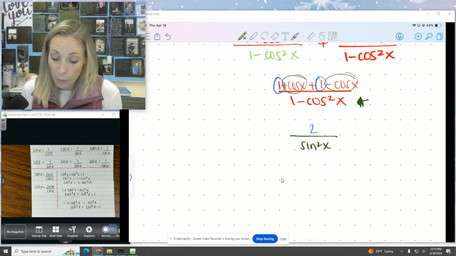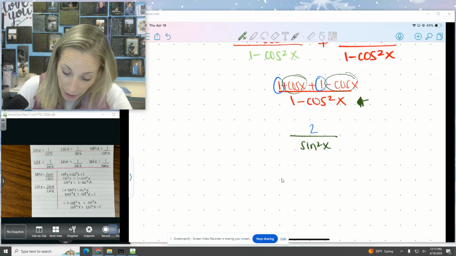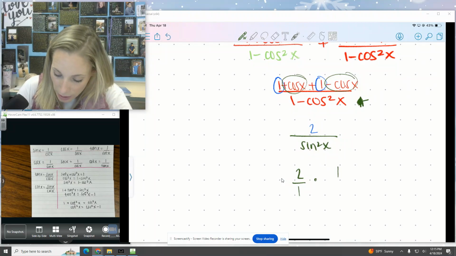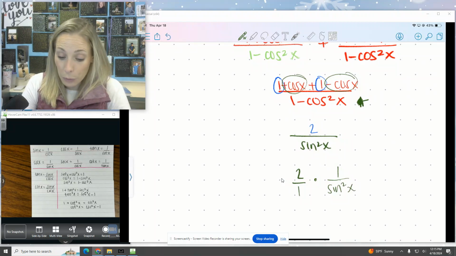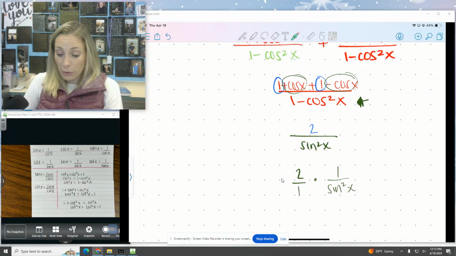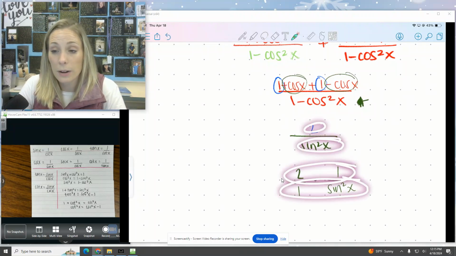So right now, this is the same exact thing, and you don't have to write this step, but it's the same thing as 2 over 1 times 1 over sine squared of x. If you were to multiply these straight across, which is how you multiply fractions, 2 times 1 is 2. 1 times sine squared is sine squared.